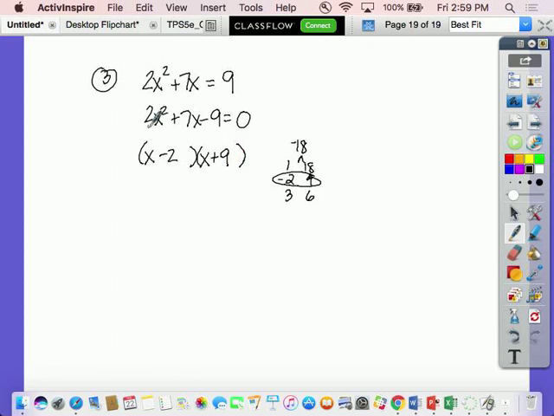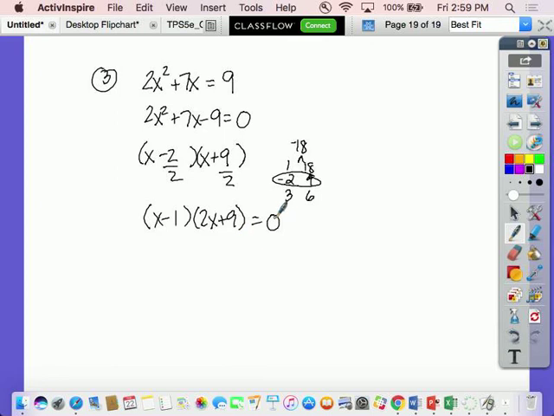Okay, look. You see how we multiplied by 2? We got to go back and divide by 2. So that's going to be x minus 1 because 2 divided by 2 is 1. But 9 divided by 2 doesn't reduce. But that means you have to bring it over to the front. So what do I do? Divide it. Bring the 2 to the front. All right, now I have it factored.